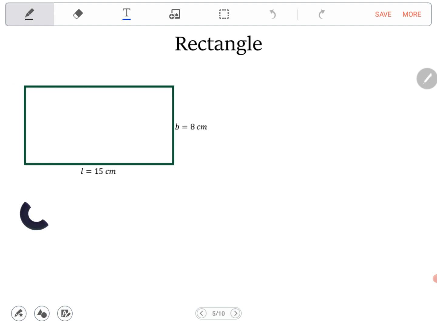If we deal with a rectangle, the perimeter of a rectangle will be given by the formula 2 into length plus breadth. In this case, our length is 15 centimeters plus 8 centimeters.